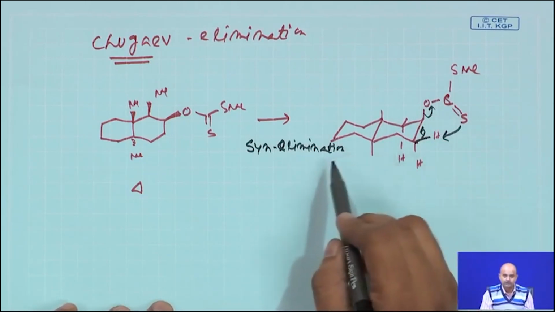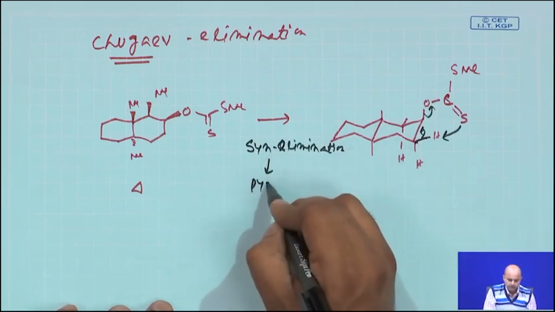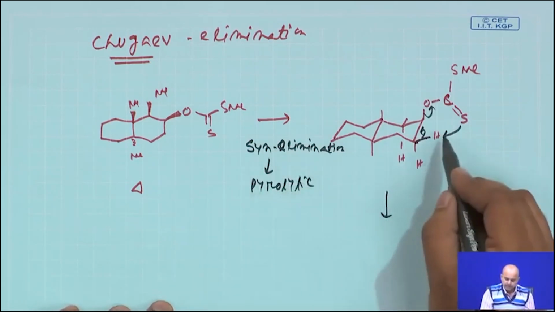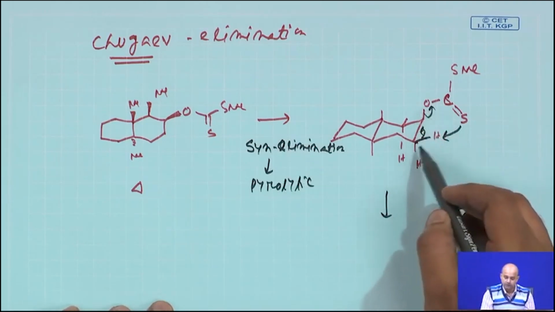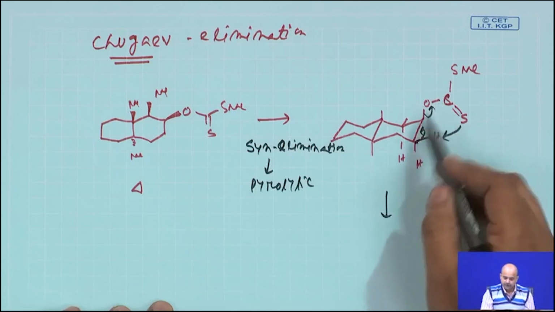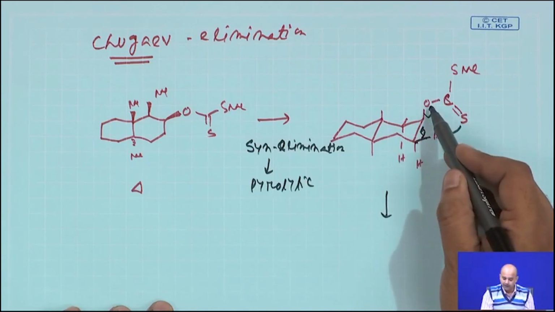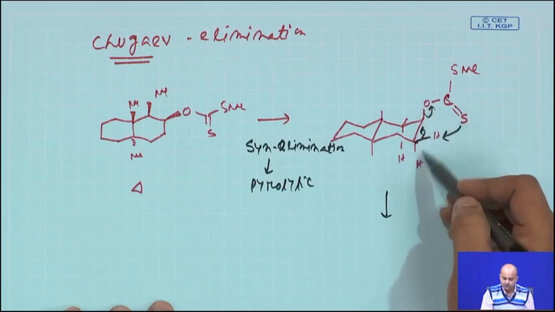It is sometimes called syn pyrolytic elimination, and pyrolytic means you are supplying enough heat. So, if this reaction goes, the geometry of this alcohol and the hydrogen has to be cis; axial, equatorial is cis. There is no other hydrogen which is cis with this alcohol. This hydrogen is trans, this hydrogen is trans.